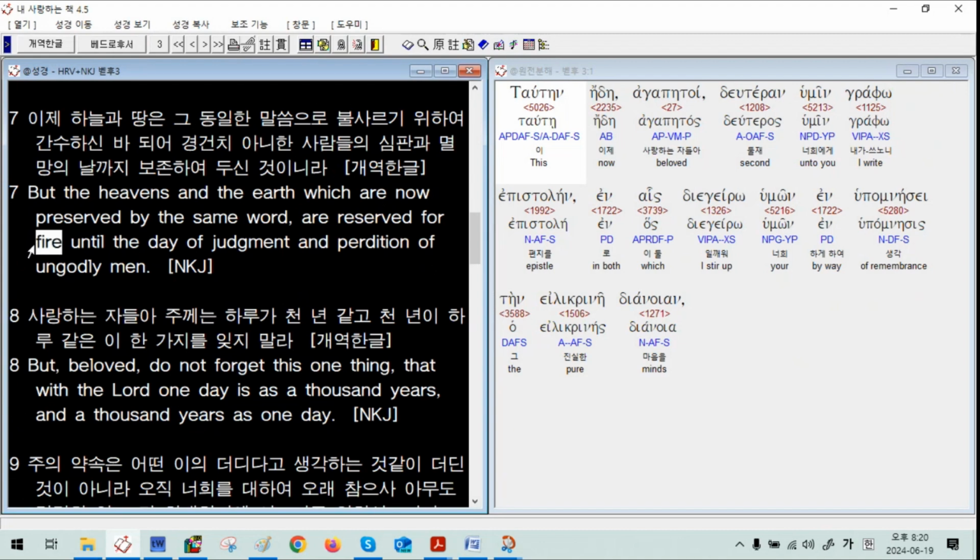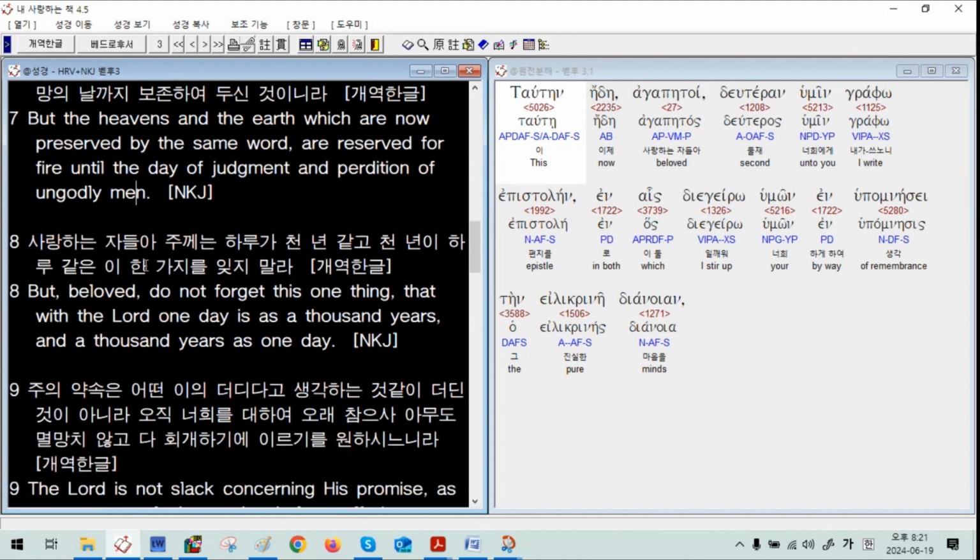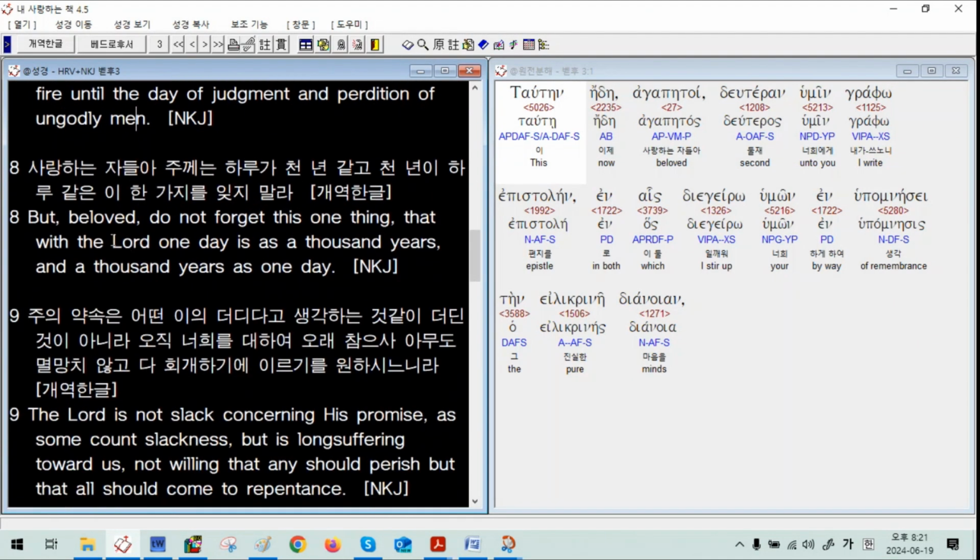That's why when we go to the James chapter 3:6 says, the tongue is the fire. The word of the God is the fire. So that is reserved until the day of judgment and perdition of ungodly man, which is a fourth status. Beloved, do not forget this one thing, that with the Lord, 1 day is as 1,000 years, and 1,000 years as 1 day. Then what is the 1,000?